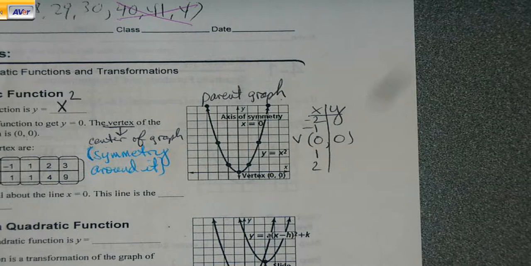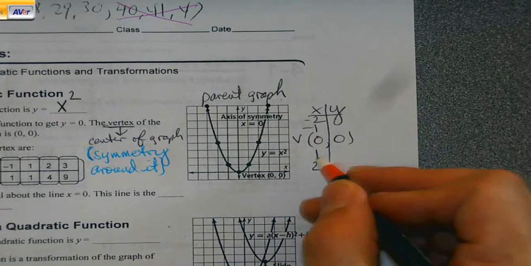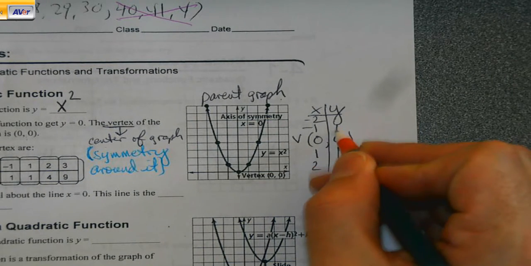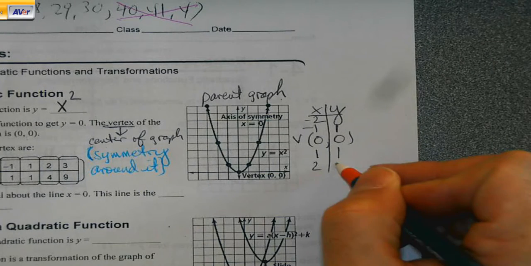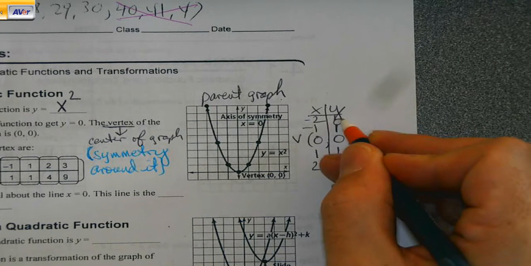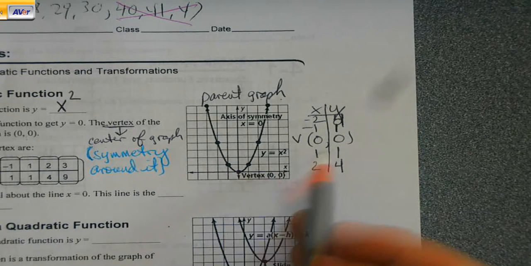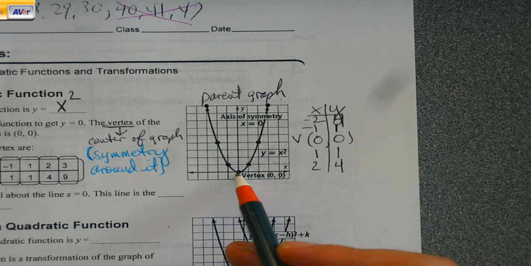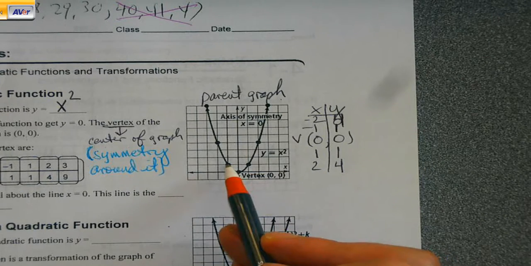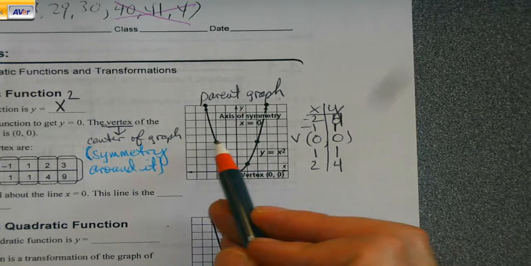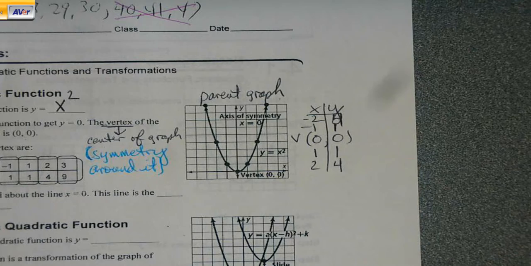They're the closest ones. And if I do 1 squared, I get 1. Same with -1. If I get 2 squared, I get 4. And same with y. And those are the points 0, 0, -1, 1, 1, 1, -2, 4, 2, 4 that create this parabola, okay, this x squared function that we have.